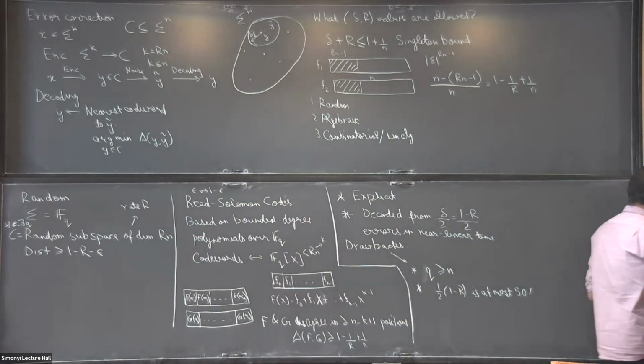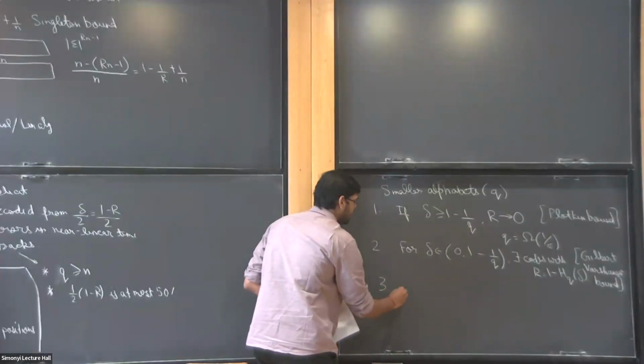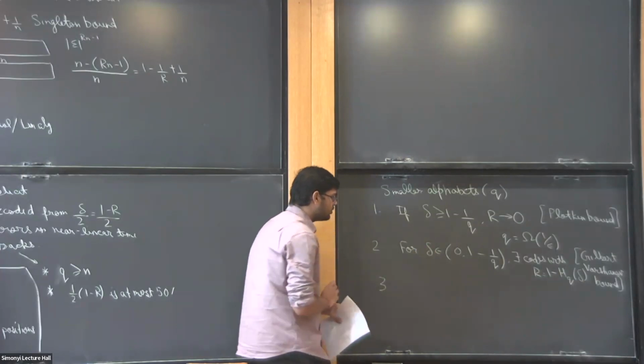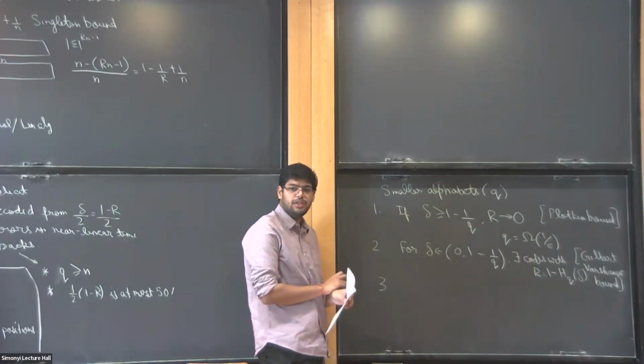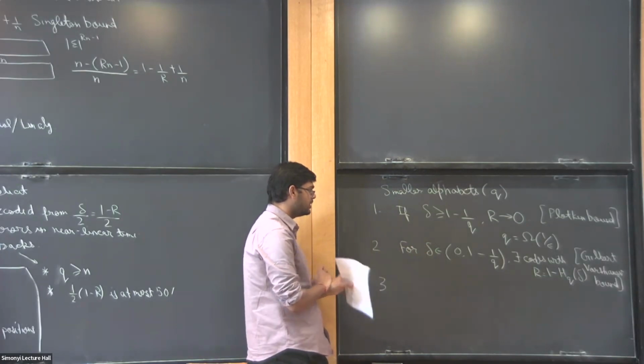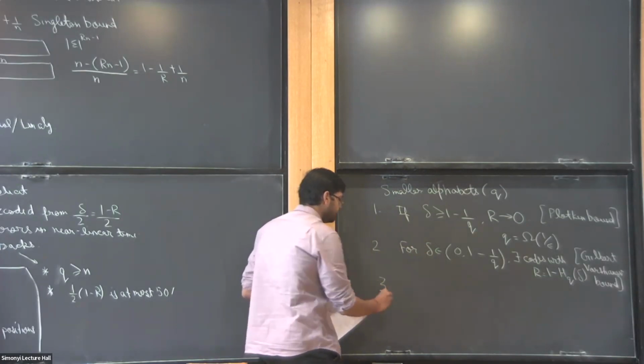What about explicit constructions? So for this entire range, the same range 0 to 1 minus 1 over Q, we do know of explicit codes with positive rate.